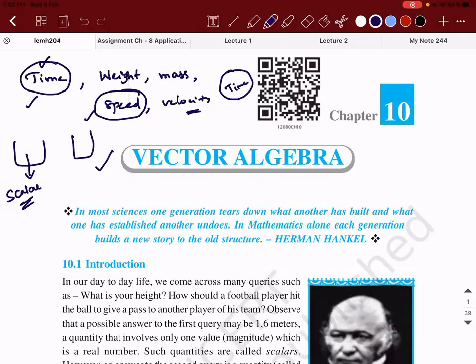So if you have those kind of quantities which have magnitude along with direction associated with it, then those kind of quantities are what are called as vectors. And our job in this chapter is to deal with those quantities which have both magnitude and direction. And we will be using the mathematical concept involved in it, that is the algebraic operations involved between vectors. And hence the name of the chapter is vector algebra.